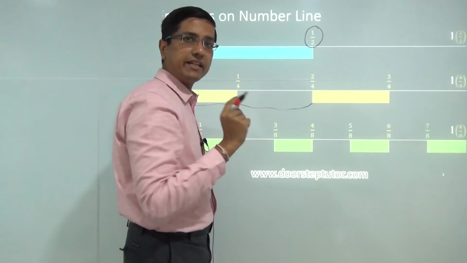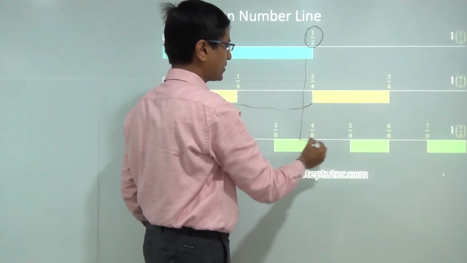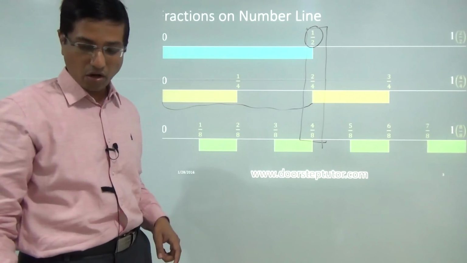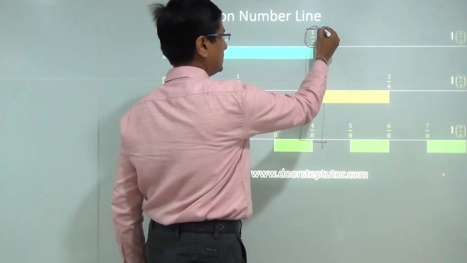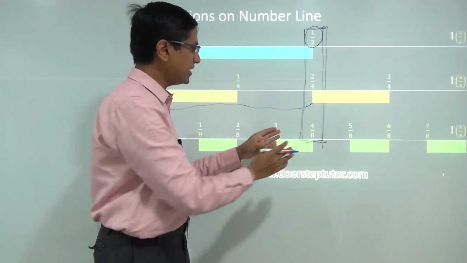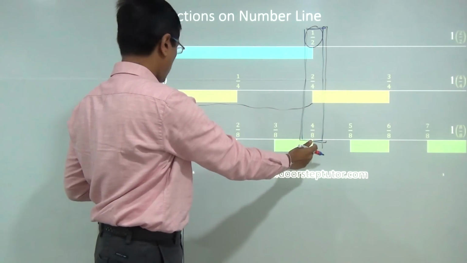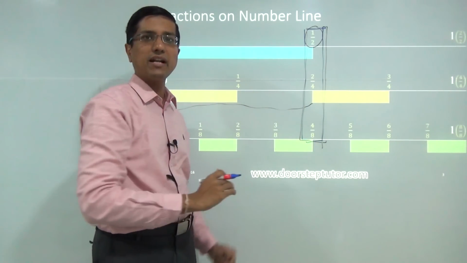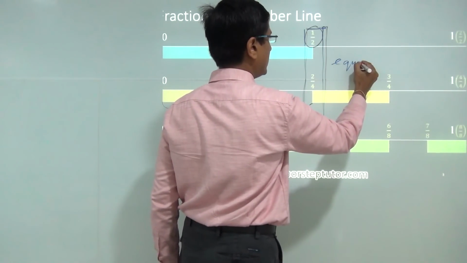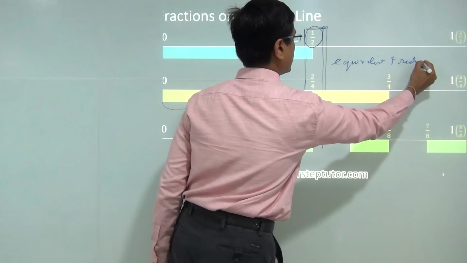There are 2 interesting things that you should understand here. First, all of these fractions denote or show the same quantity. They are showing this much length on the number line. All of these fractions are known as equivalent fractions.